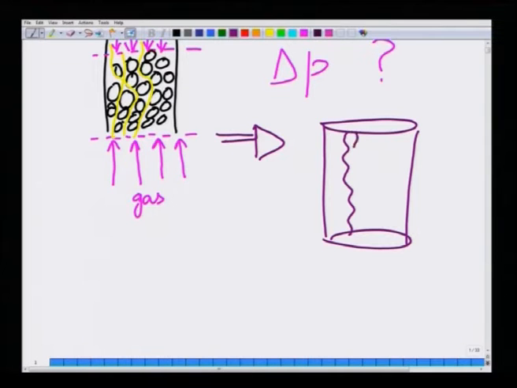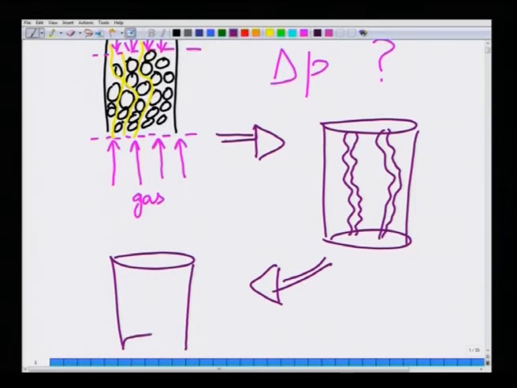Although the cross section of the tubes is extremely complex, because the path of the fluid in this bed is extremely complex, to simplify this further, we are going to assume this to be a bundle of straight circular tubes. That is the model we are going to have for flow through a packed bed.